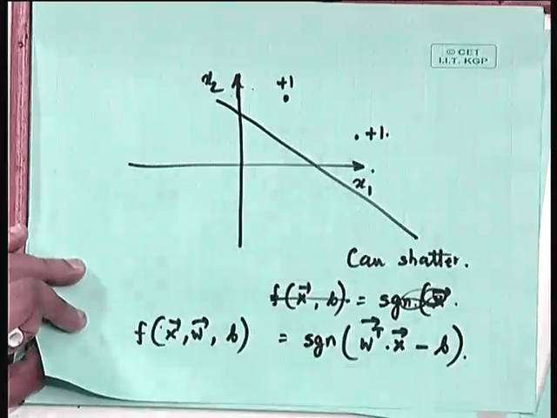Then is it possible for the circle to shatter? It is not. Given 2 points, any of these 4 combinations can be shattered using straight lines, but using circles it is not. Now, let us take the straight line case only, because we can well understand that a straight line can shatter 2 points.